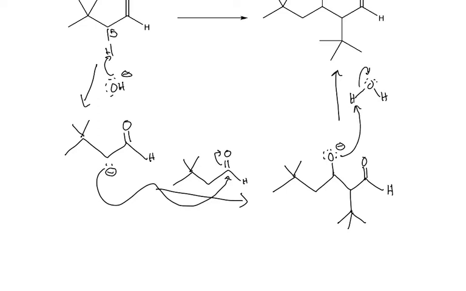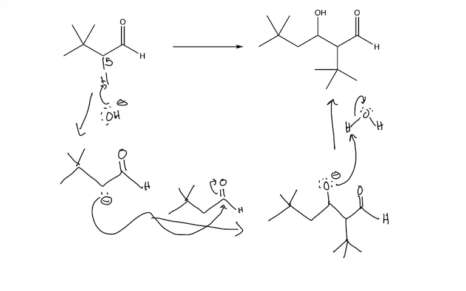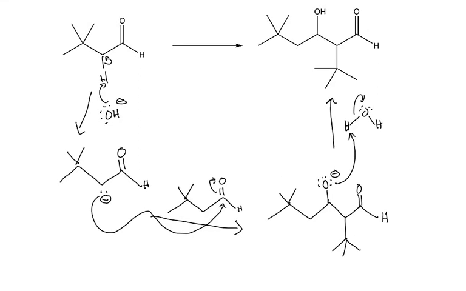And so that is the mechanism for the first part. So we've made the addition product. Now on the next slide, we'll finish the mechanism by drawing how I get from the addition product to the condensation product.